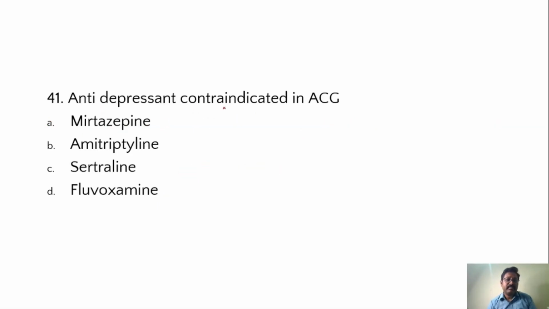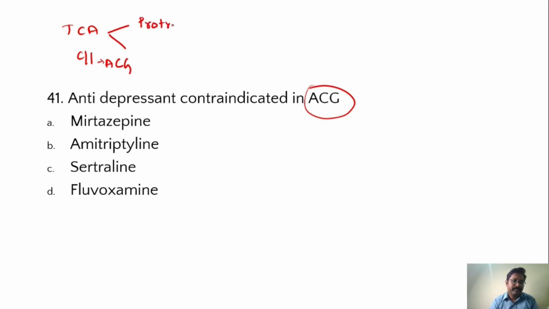Next, coming to the antidepressant which is contraindicated in angle closure glaucoma. Please remember, there are two main tricyclic antidepressants which are contraindicated for use in the patient who are having angle closure glaucoma. Those are the protriptyline and amitriptyline.